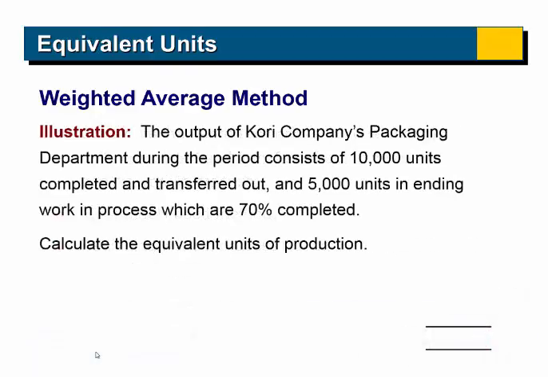All right, so we've got an example. We've got Corey Company's packaging department during the period. They have 10,000 units that have been 100% of the way completed and transferred out.